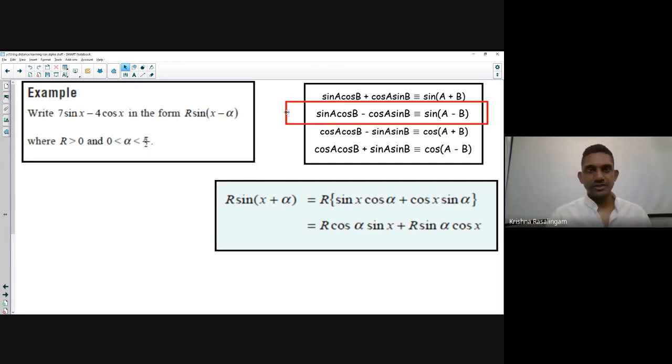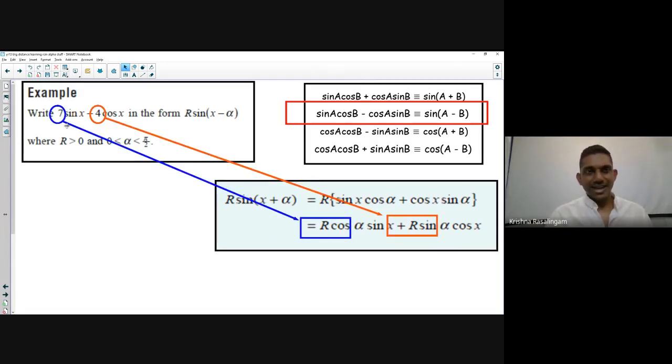Now we match coefficients. So what I mean by that is that 7 is matched up with R cos alpha, and the 4 is matched up with R sin alpha. So that tells us that 7 is R cos alpha and 4 is R sin alpha. We ignore the minus signs.